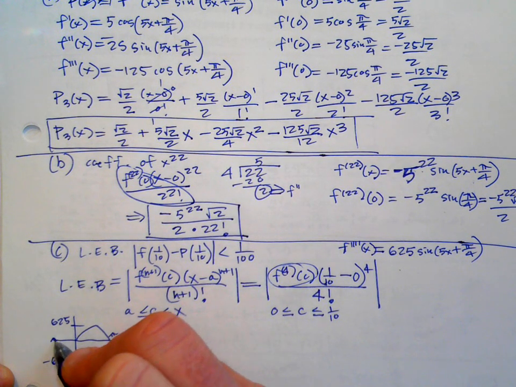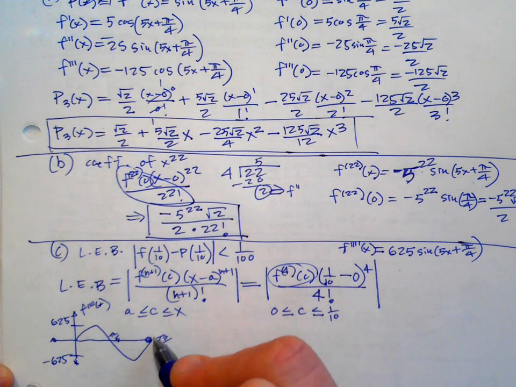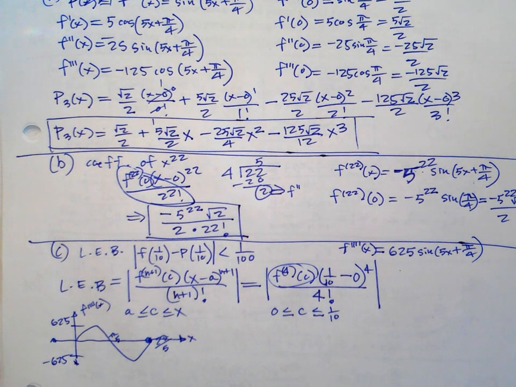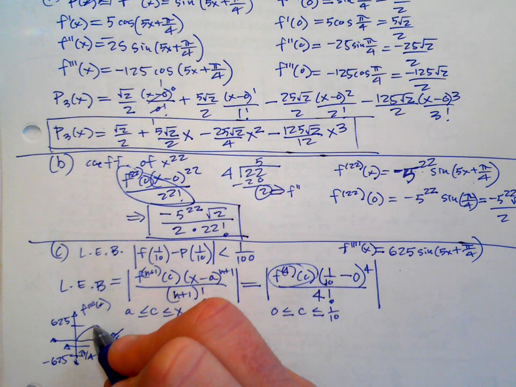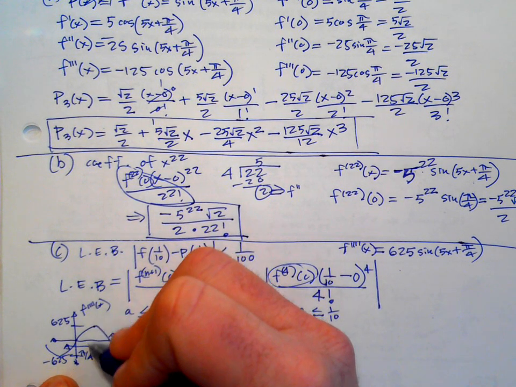And maybe I should try and be clear: this is the fourth derivative, and this is x. Now it's been shifted to the left pi over 4. Okay? So this is pi over 5. This peak right here, let's see, that's pi over 5.